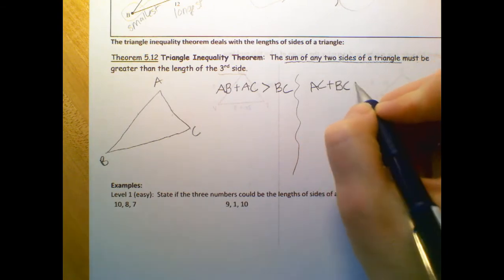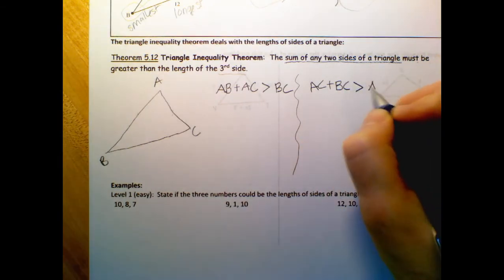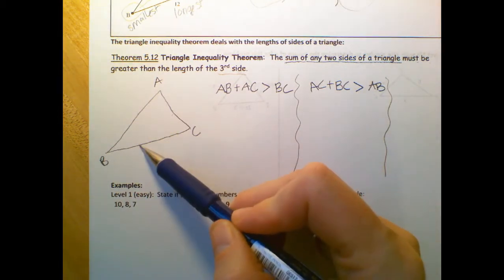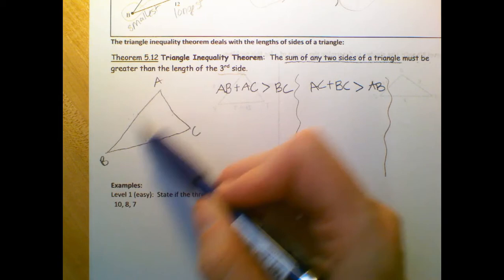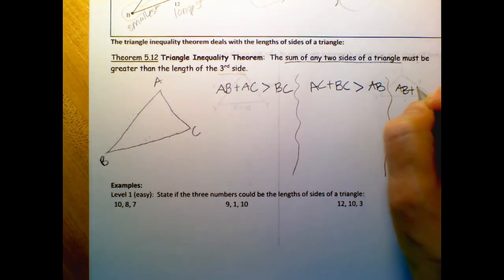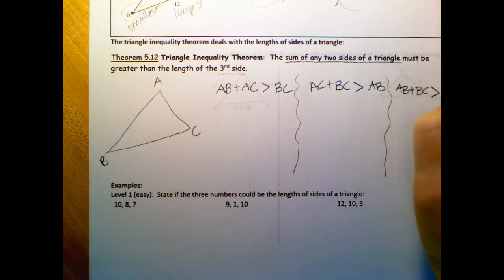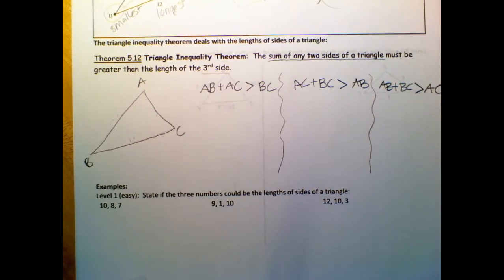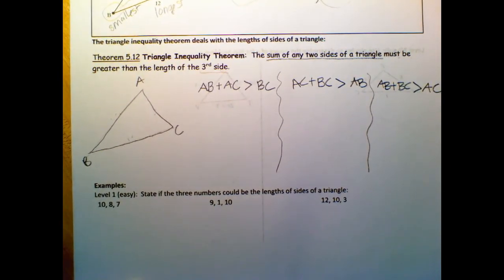And then the third one would be these two sides, AB and BC together. AB plus BC has to be greater than AC. So that is the full triangle inequality. Pick any two sides on the triangle, add them together, and the sum has to be greater than the third side.